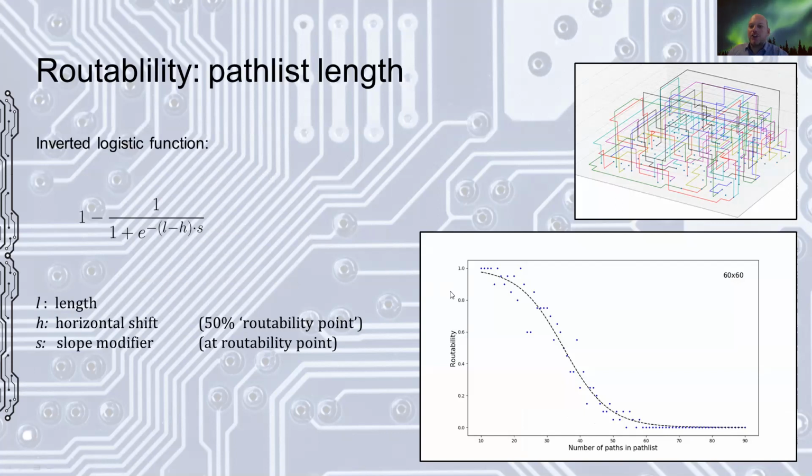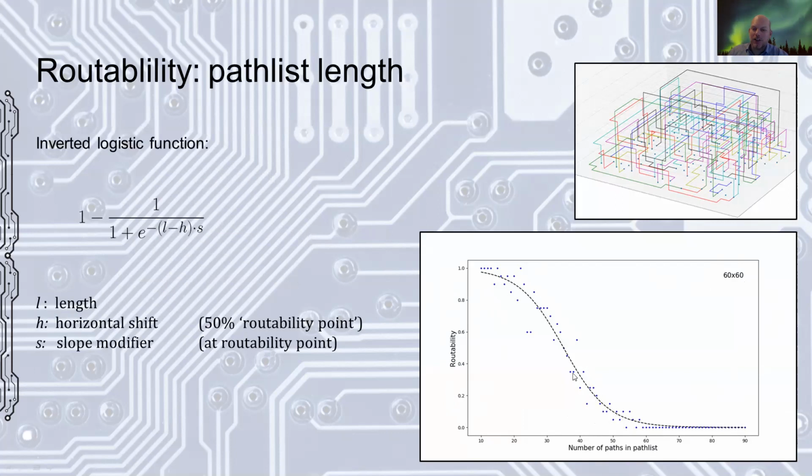So what we see here, and this is just a result for the 60 by 60 mesh, remember we had 9 meshes, is that the longer the path list gets, the less likely it is to contain a solution, right? And we can characterize this.